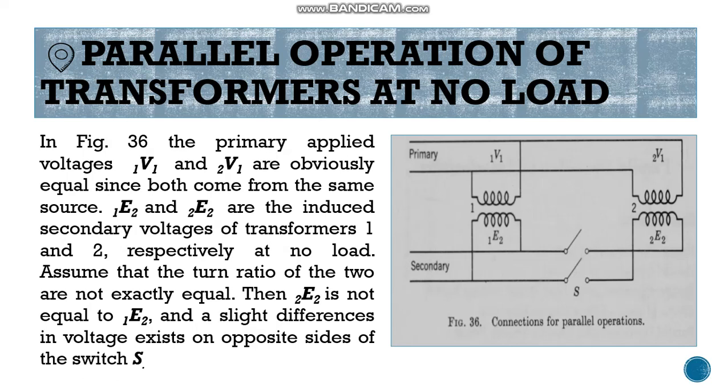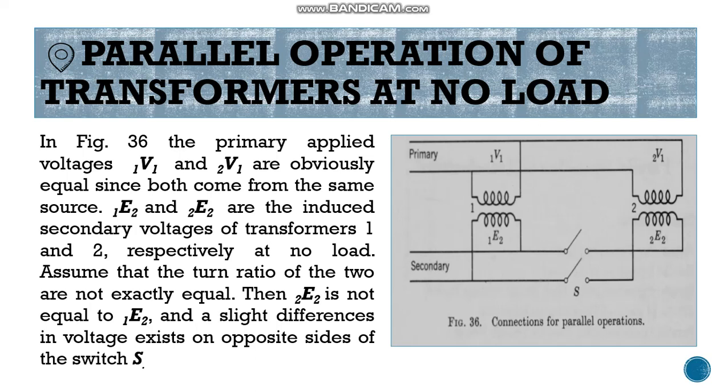Then, the induced secondary voltages of transformer 1 and transformer 2 respectively at no load. Assume that the turn ratio of the two are not exactly equal. Then the secondary voltage of the transformer 2 is not equal to the secondary voltage of transformer 1, and slight differences in voltage exist on the opposite sides of the switch.